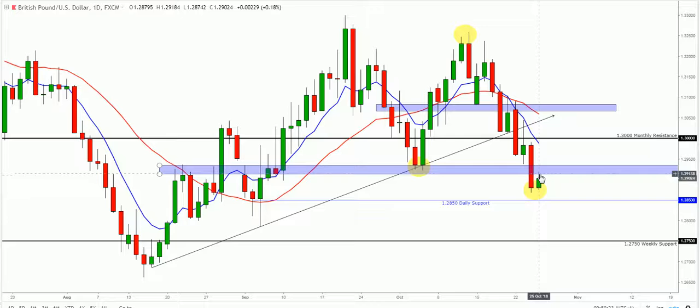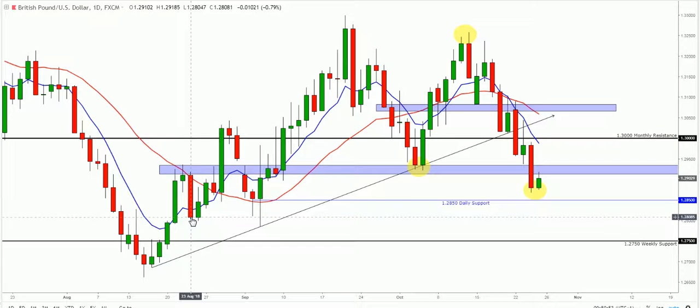Or alternatively, if price continues to reject this daily level, as you can see, when price reached this level at the start of October, we did see a big move from that level. So now we've broken it, we could be seeing something similar again here. As we approach that level from the underside, price rejected it and then fell.